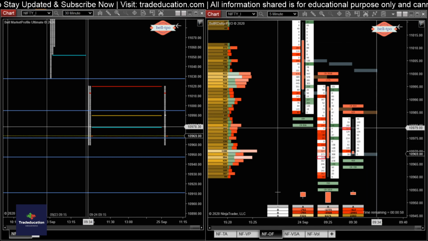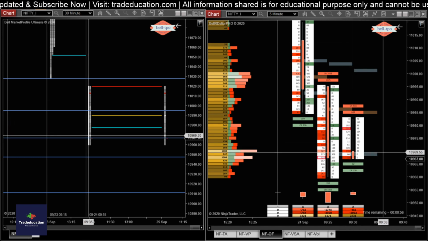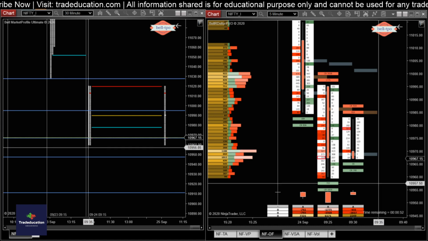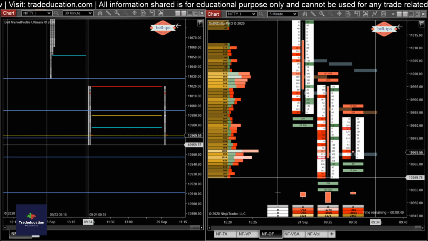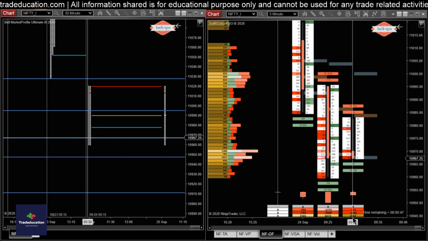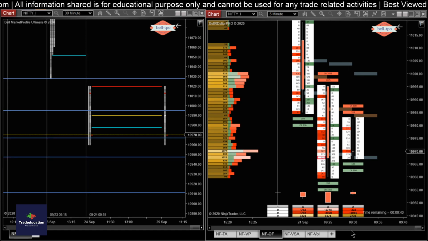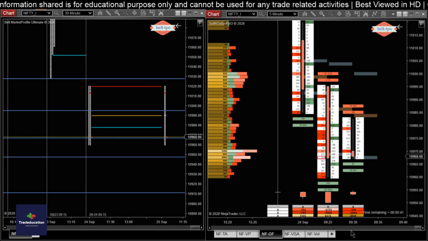So good selling activity coming in. But volume is decreasing now. It will be around 3,000. So sellers might be getting exhausted.